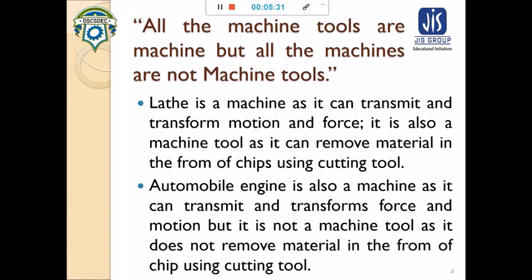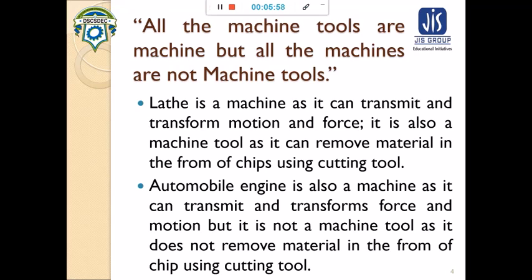Now there is a statement, and this type of question may come in the semester: all machine tools are machines, but all machines are not machine tools. To answer this question, we should always know the difference between machine and machine tool. What is the difference?